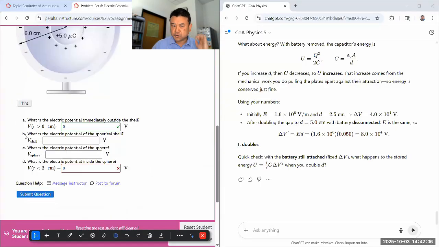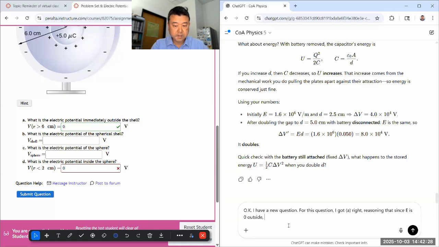And let me not include the BNC so it doesn't answer. So, okay, I have a new question. For this question, I got a right reasoning that since E is 0 outside, I have delta V equals minus E d equal to 0.